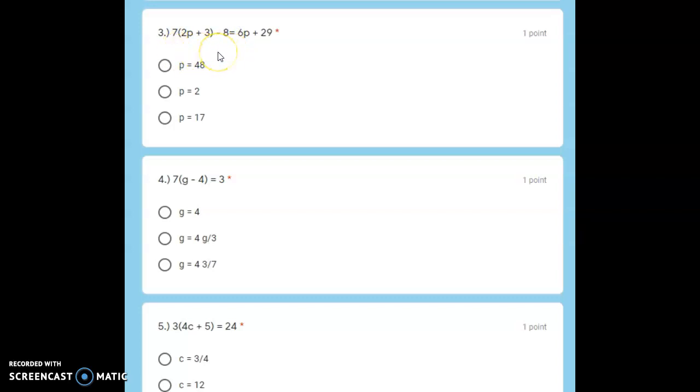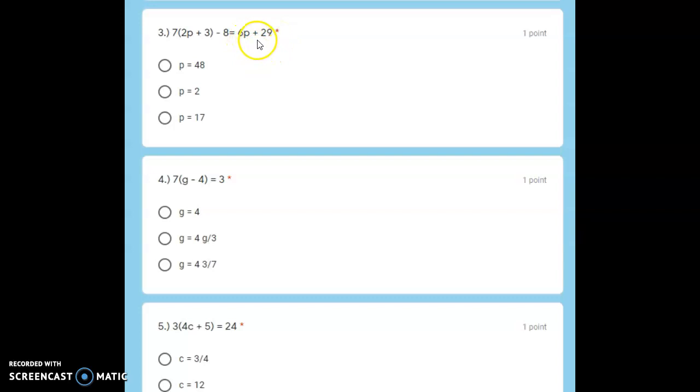And have 14p, and let's see here, and a positive, would it be 13? And then you would still have your equals 6p plus 29 on this side.